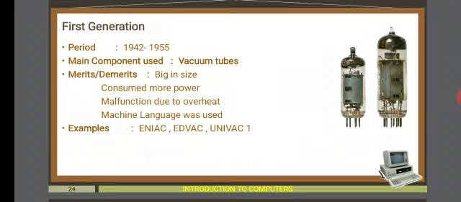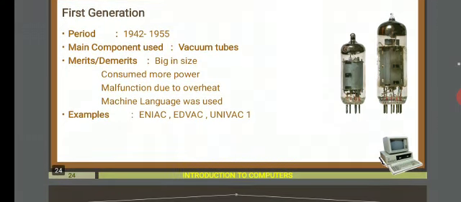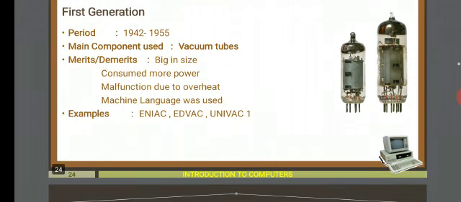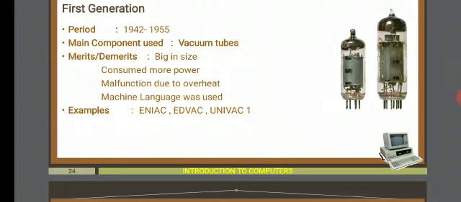It consumed more power, and there was malfunction due to overheating. Because of overheating, shortages or fluctuations might happen. Also machine language was used in that computer.